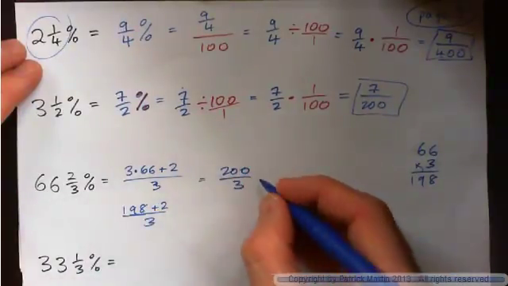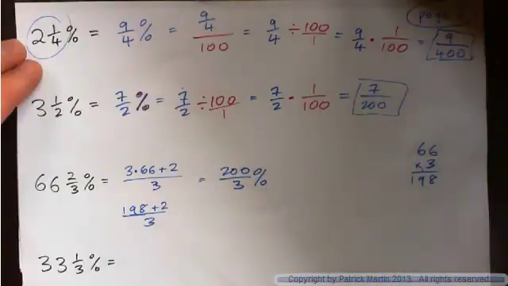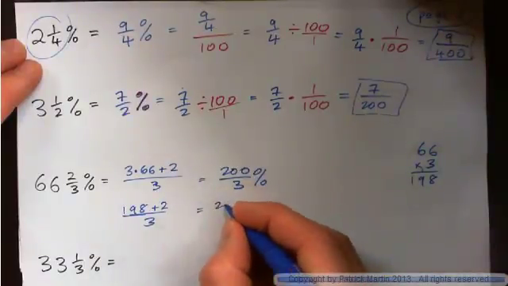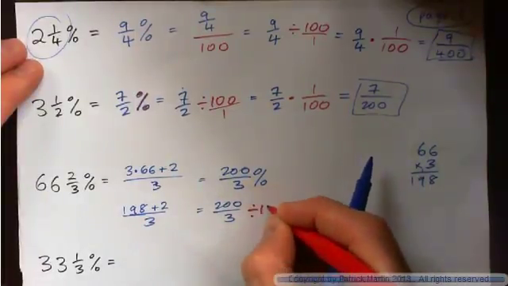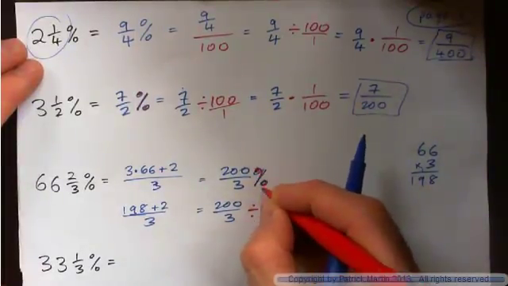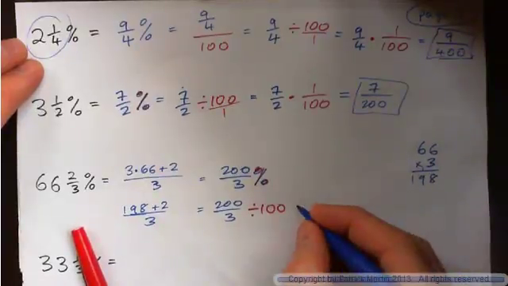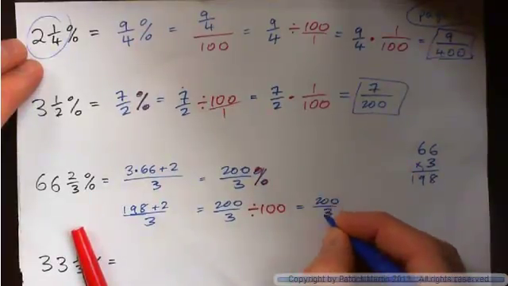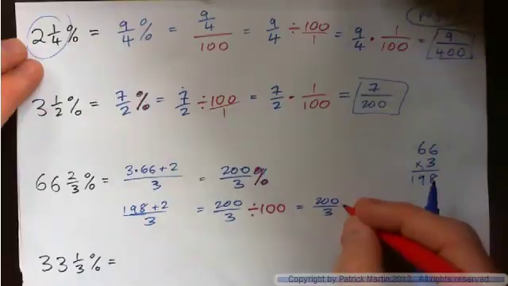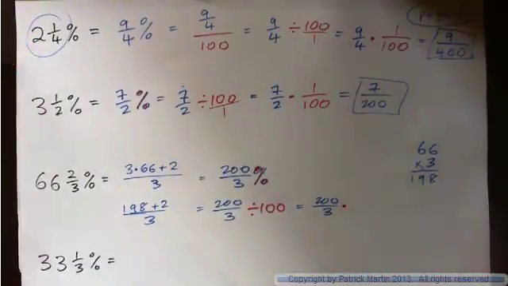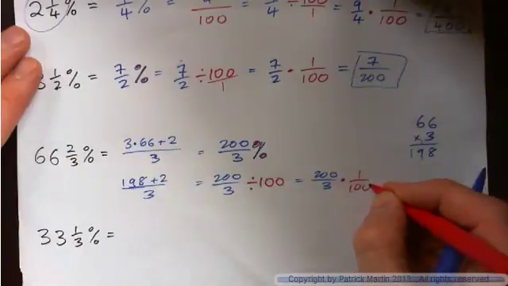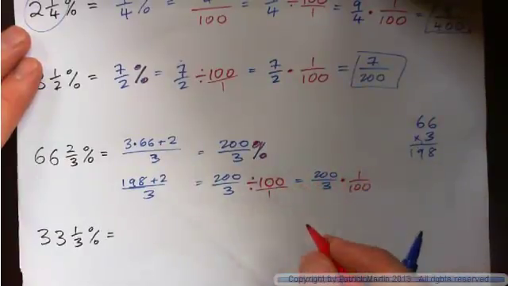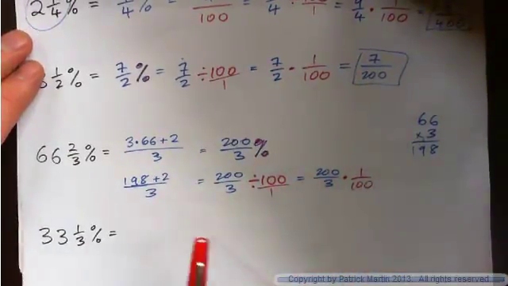So it's percent though, right? Percent. So what we have is 200 over 3 divided by 100, because percent means divide by 100. So that is 200 over 3 multiplied by the reciprocal, which is 1 over 100. Because the 100 is 100 over 1, so the reciprocal is 1 over 100.